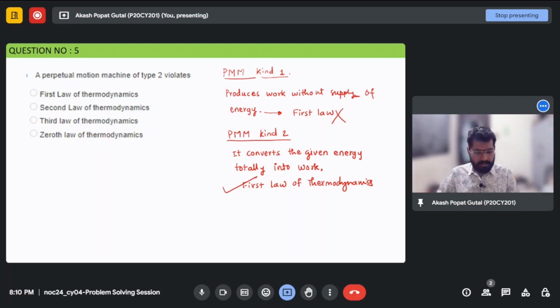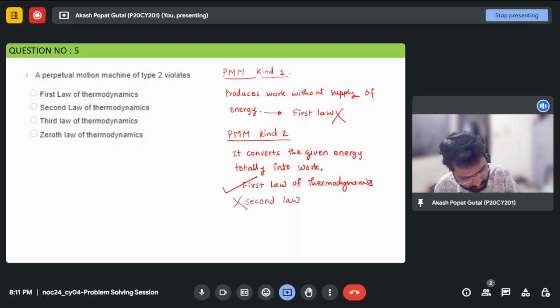The first law is applicable for PMM kind 2 machines. It is following the first law, but it violates the second law. How? We will see.